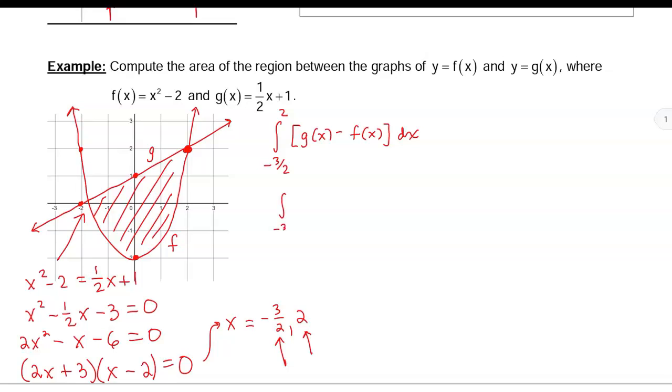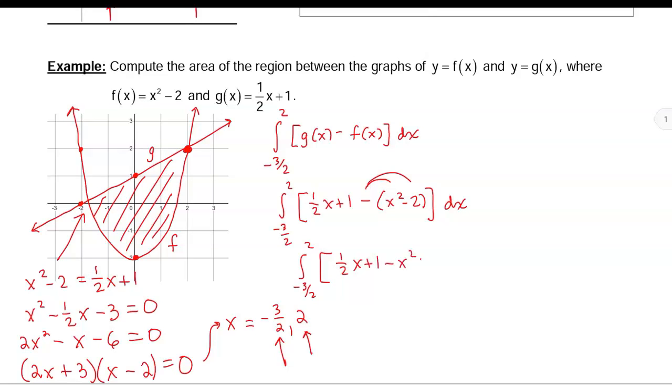put the actual functions into the integrand. First is g, 1/2 x plus 1, and then subtract f, which is x squared minus 2. You'll have to put parentheses around f, because when we subtract, we need to distribute that minus. -3/2 to 2. Our integrand becomes 1/2 x plus 1 minus x squared plus 2.